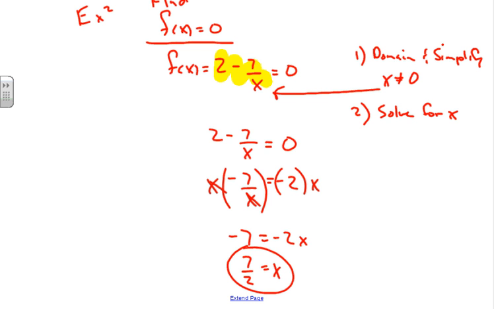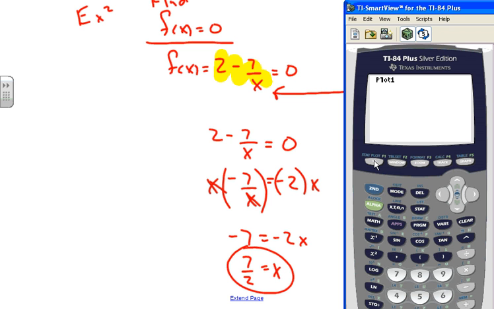So find the domain and simplify, and then simply solve for x, just like we do with the other one. You can verify this on your graphing calculator. We go over here and do the same thing. We'll go 2 minus 7 divided by x. We'll graph that, and we do see one right there. We'll go second calculate.